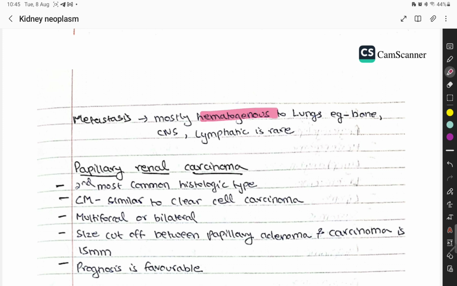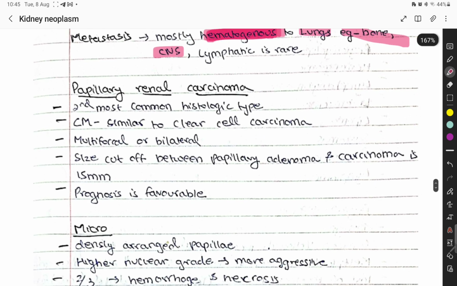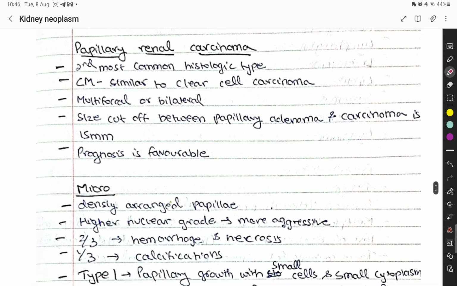Metastasis is mostly hematogenous to the lungs, and also to the bones and CNS. Lymphatic spread is rare.